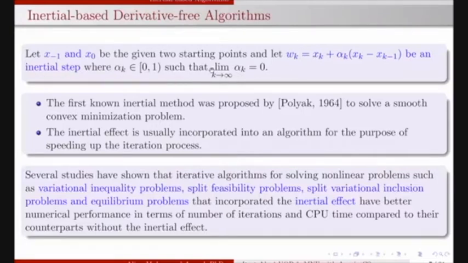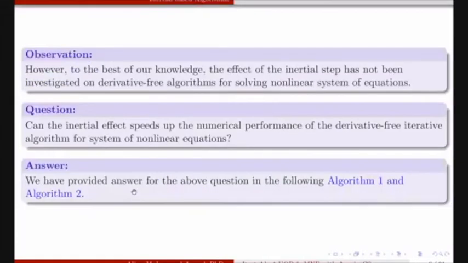In some cases, we may require that the limit converges to 0. This inertial step has been incorporated in different types of algorithms, like variational inequality problems, split variational inclusion problems, and what have you. It has been shown that incorporating this inertial effect into an algorithm can improve the numerical performance.